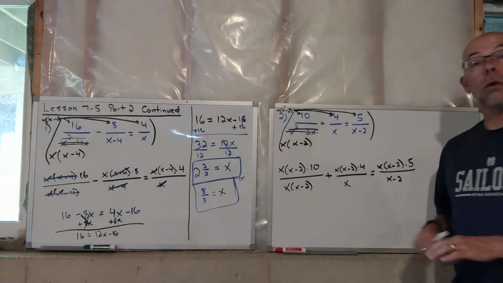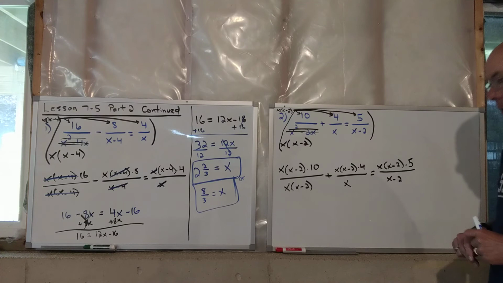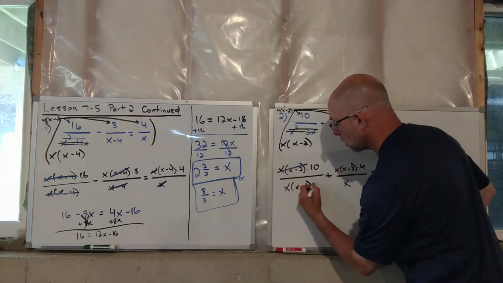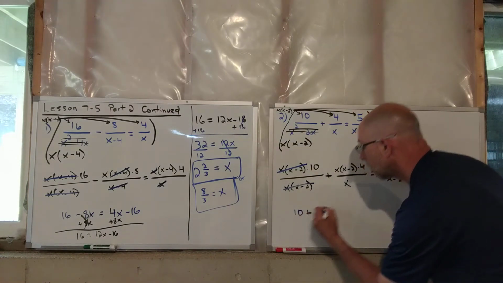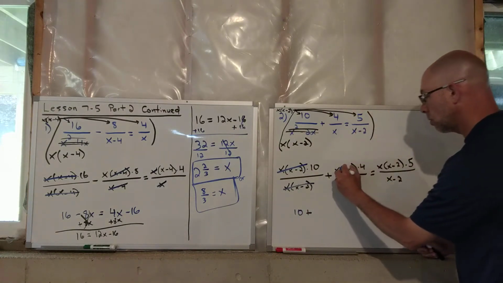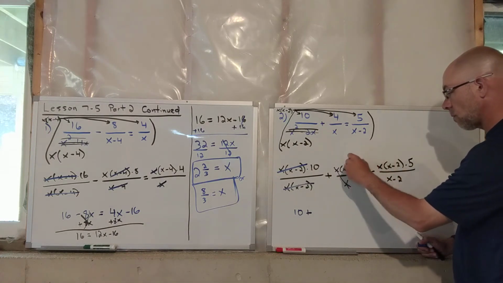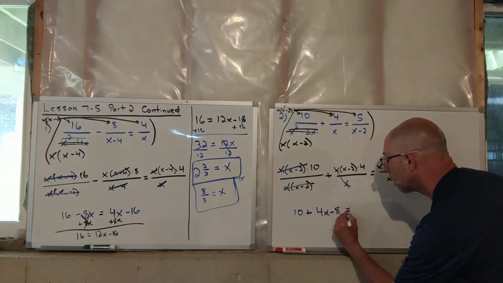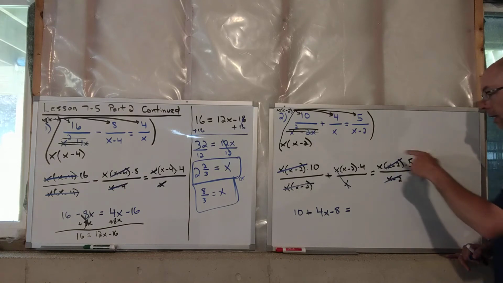Okay, we are ready to reduce so that fractions are eliminated and I solve the equation that remains. In the first fraction, x minus 2 leaves me 10. Plus. In this group, x is gone, and so I have to distribute this. This is 4x minus 8. And in this group, the x minus 2's go away.